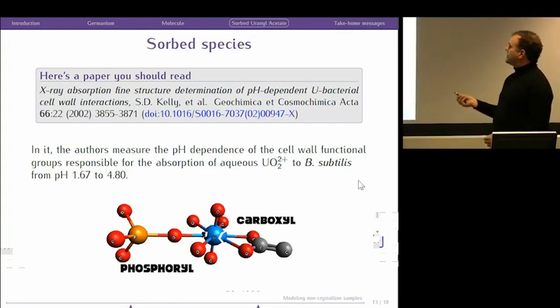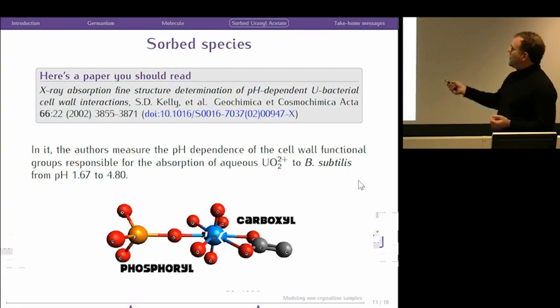And this paper is great and explains this interesting problem where they wanted to understand how the uranyl ion, which is this uranium atom with two really short oxygens in the axial direction and 5 or 6 somewhat longer oxygen distances in the equatorial plane, bonds to biomass.